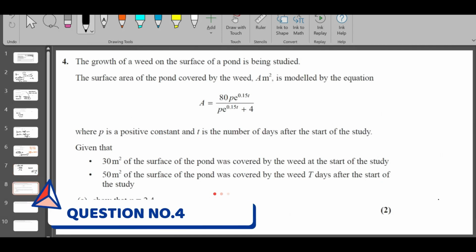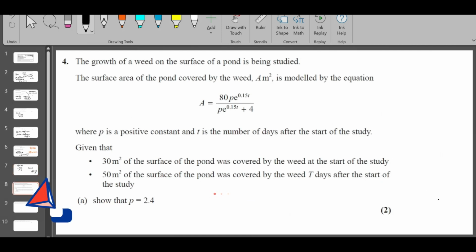Question number 4. The growth of a weed on the surface of a pond is being studied. The surface area of the pond covered by the weed, A meter square, take note of the units please, is modeled by the equation this, where p is a positive constant, t is the number of days after the start of the study.